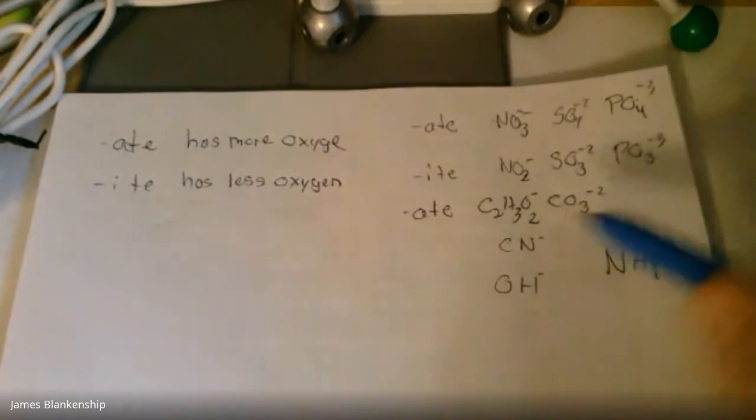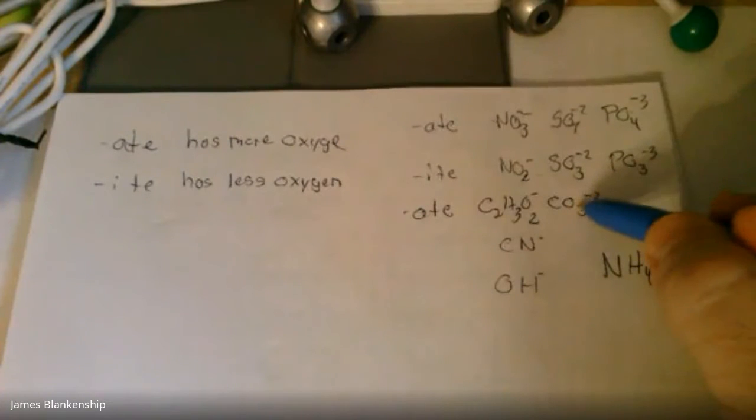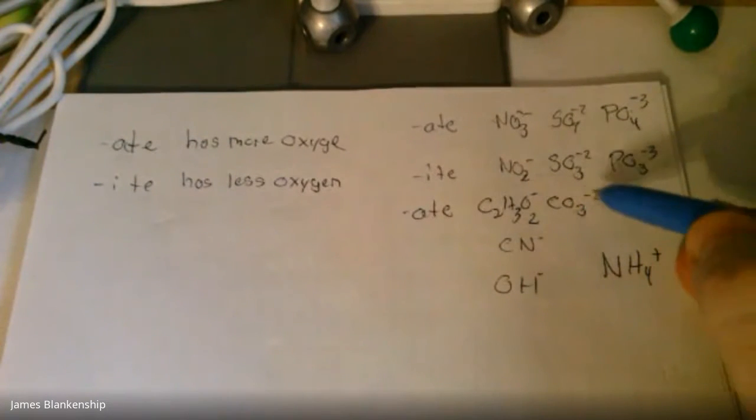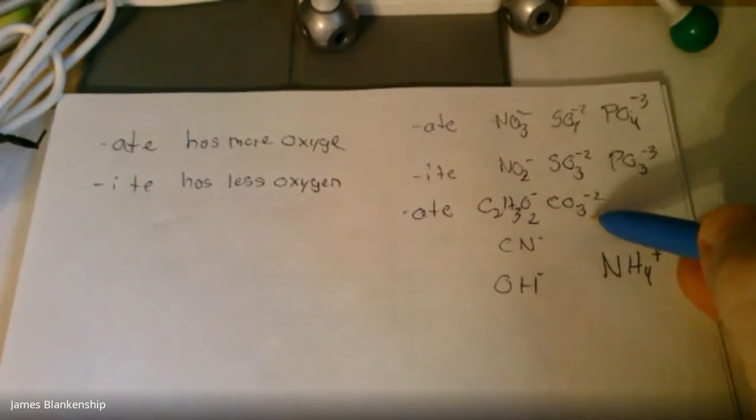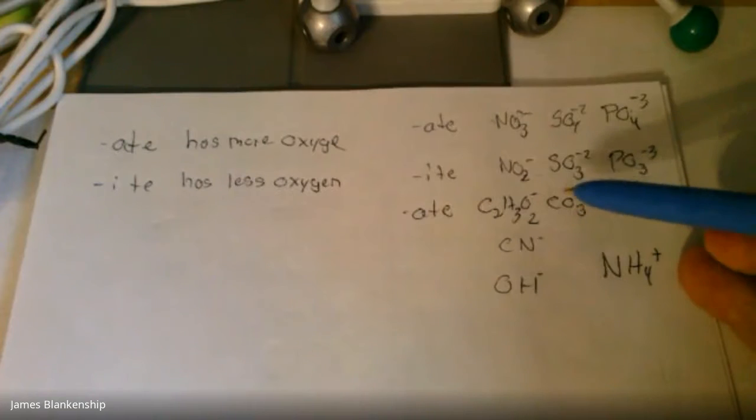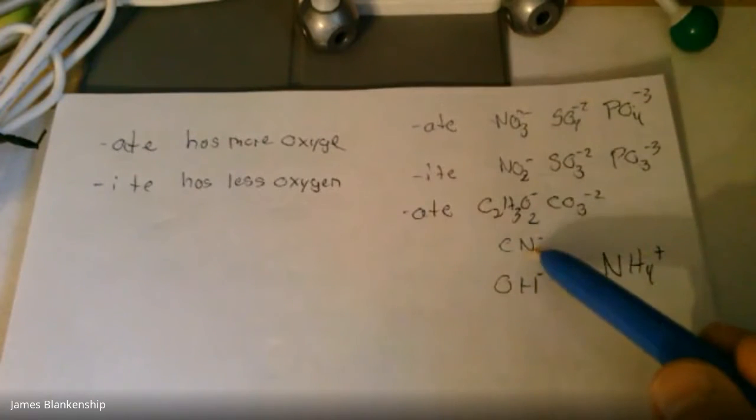This is CO3 2-. That is carbonate. Carbonate is real. Now, there is no such thing as carbonite except in Star Wars, if you're Han Solo. And then down here we have cyanide. That's not good. Don't breathe it. Don't eat it.